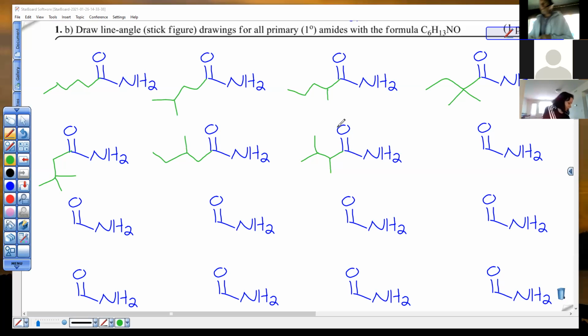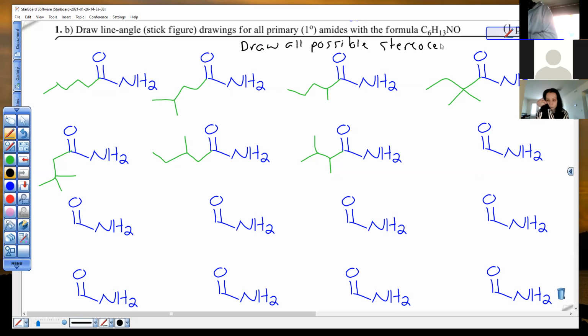And if it says draw, I could modify this question, but on the test, if I want you to show 2 stereocenters for 2 points, then I'll say draw all possible stereocenters.